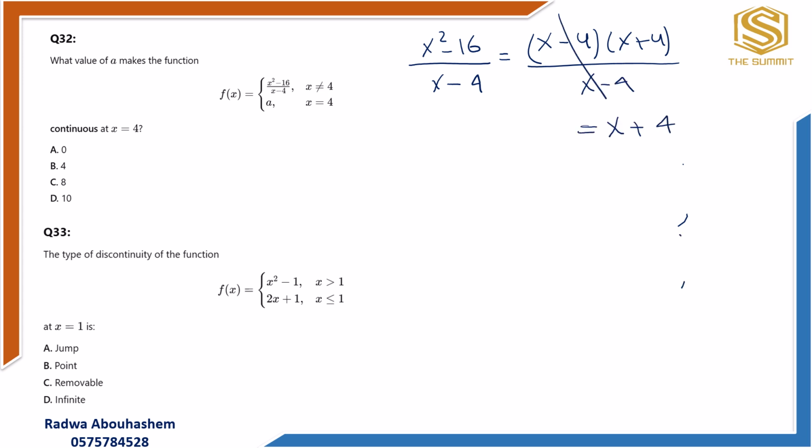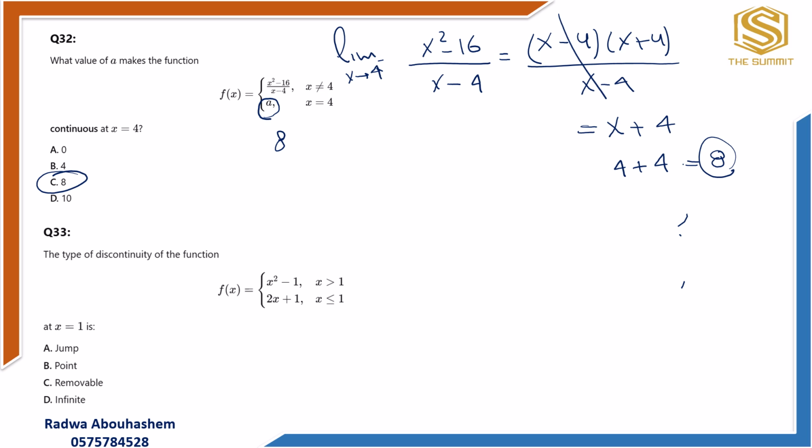Now, if I substitute the x with 4, it gives me 8. So the limit when x approaches 4, from left or right, consider it from left, gives me 8. So this means that a could be 8, and the function would be continuous.